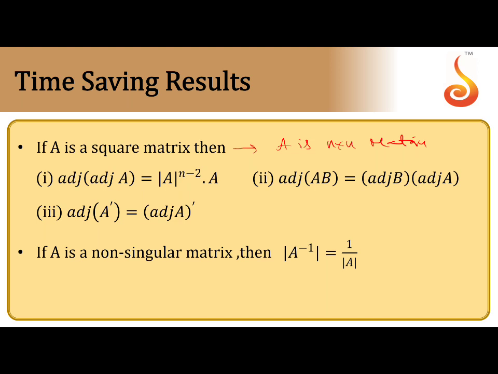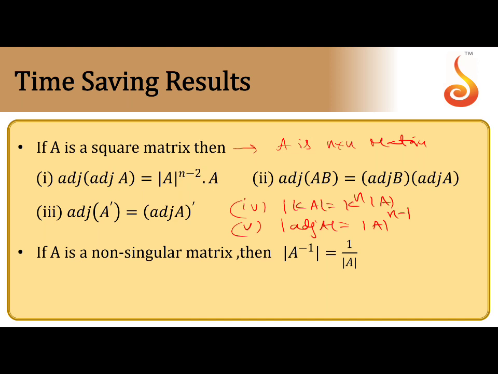And I can add some more points. It is useful for us. Det of kA is k power n into det A. That is one. Next, fifth property, det of adjoint A equal to det A whole power n minus 1.